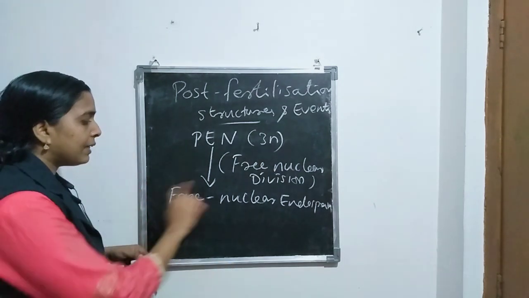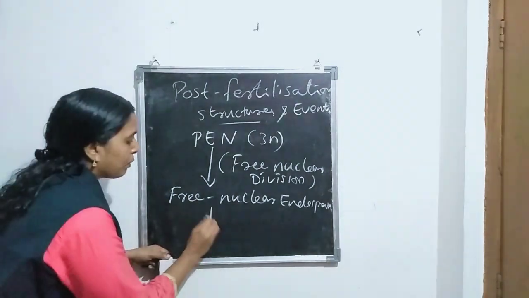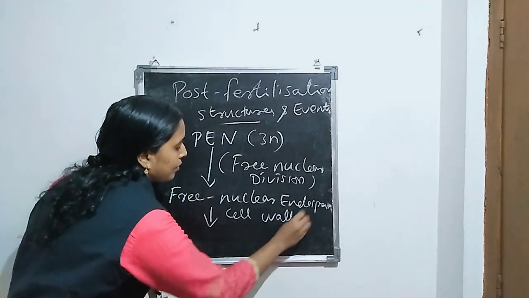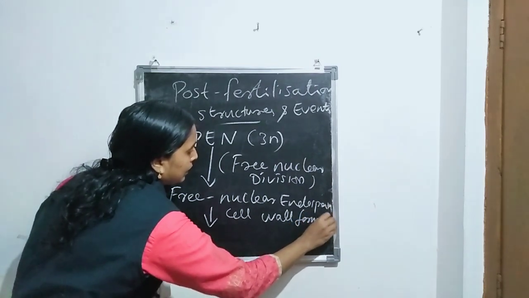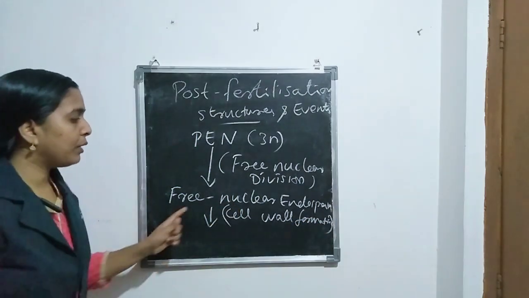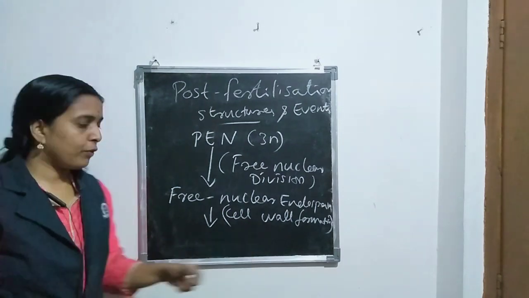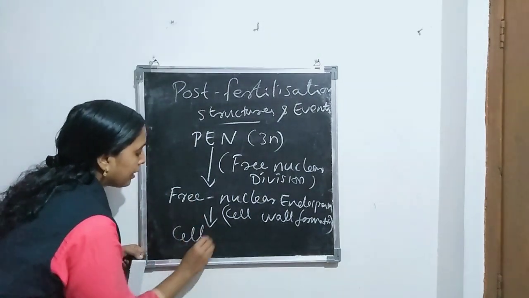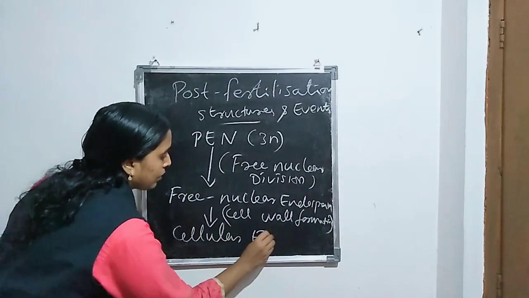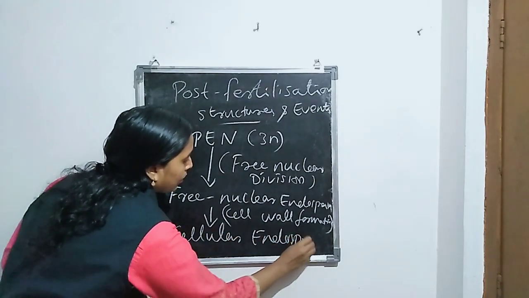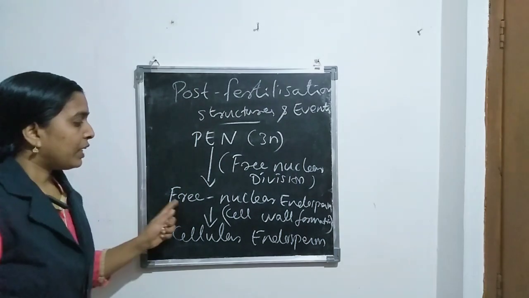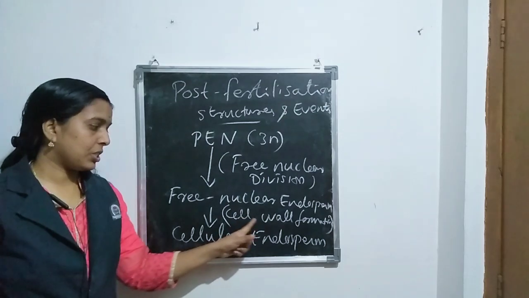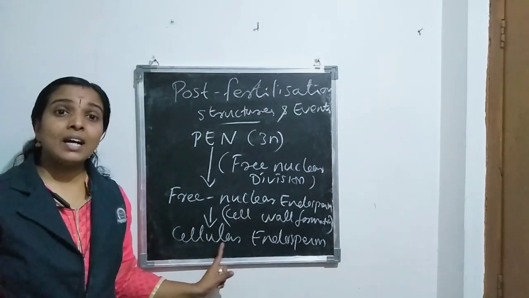Then the free nuclear endosperm undergoes cell wall formation, or cellularization, and forms an endosperm called cellular endosperm.